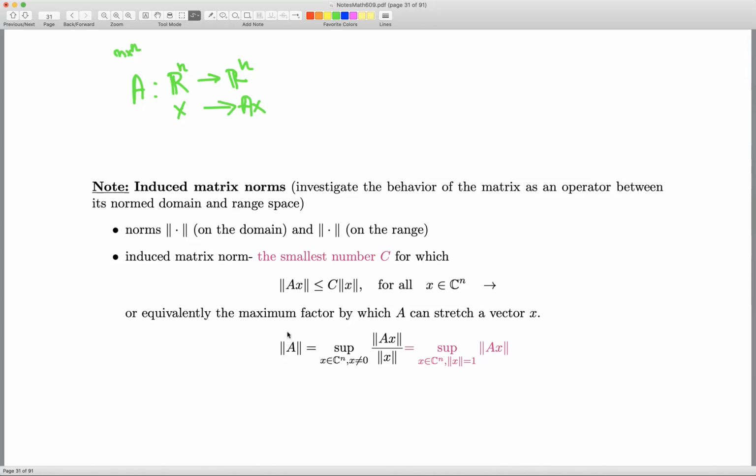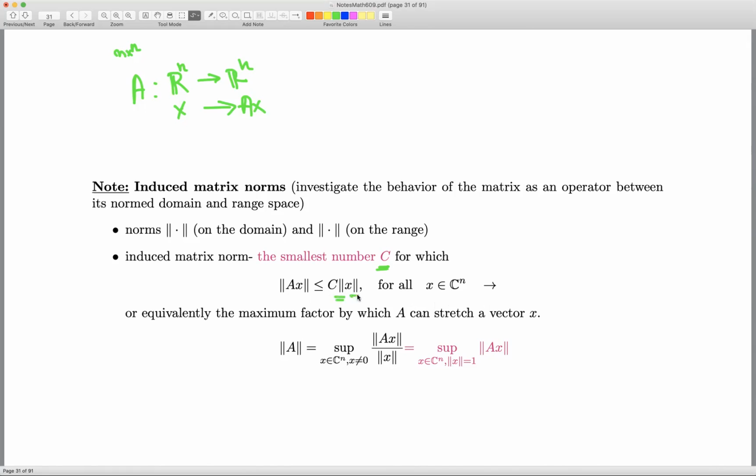So what is the norm then of a matrix? If I go this way, it is the smallest number C for which the norm of Ax is less than or equal to C times the norm of x, for all x in Cn. Let's say A is from Cn to Cn. So what is this norm here?